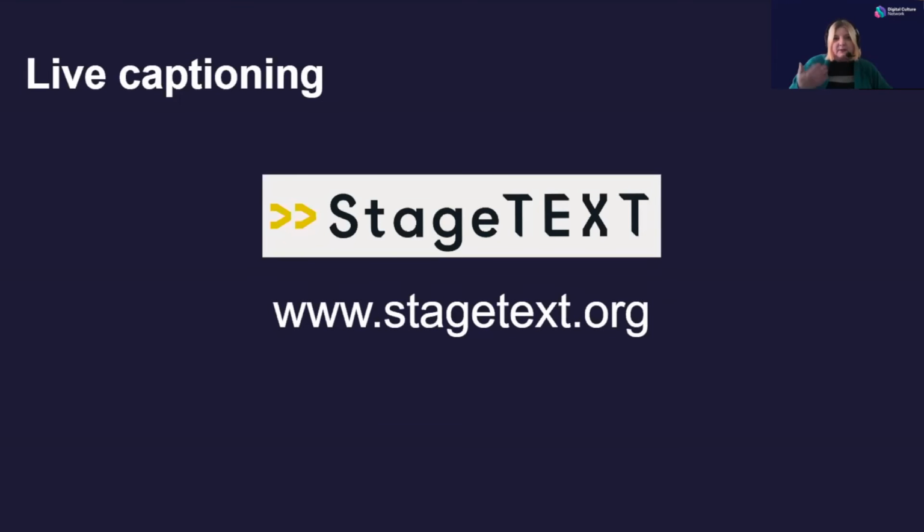And if you were wondering where to find live captioning services, there's an IPSO called Stage Text that can provide live captioning services, and they'll also provide you with an SRT file to add to any recordings of your videos that you want to upload to YouTube or preserve online after the event.